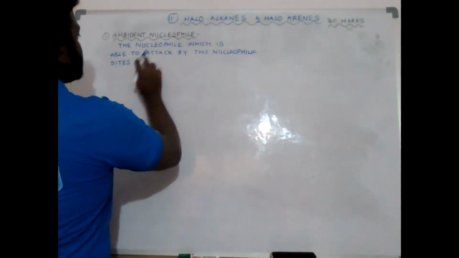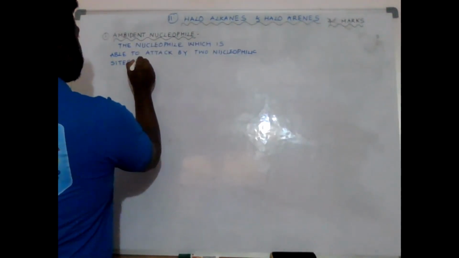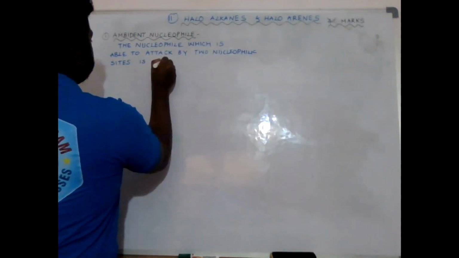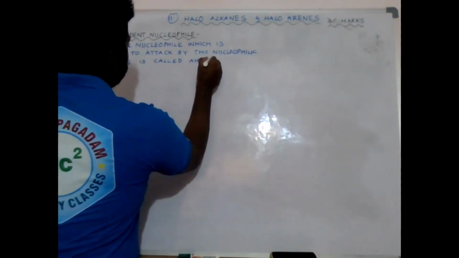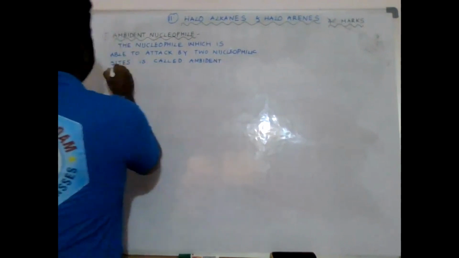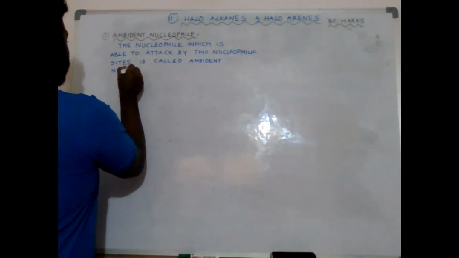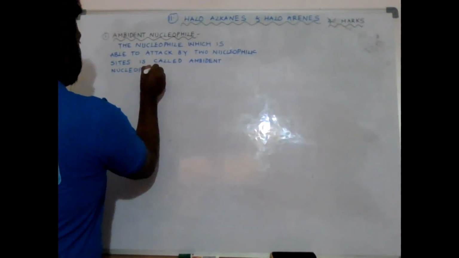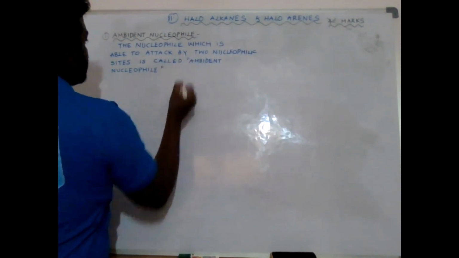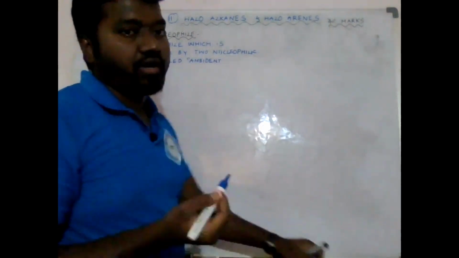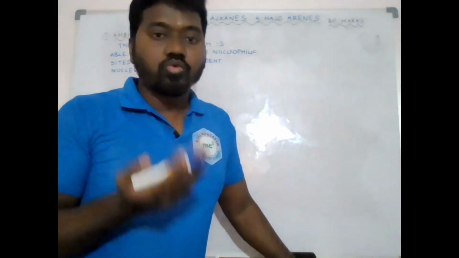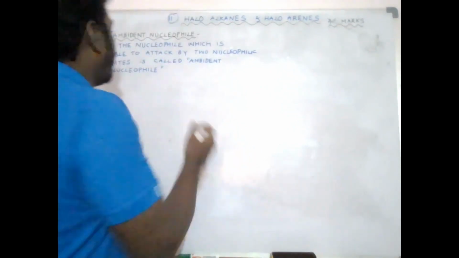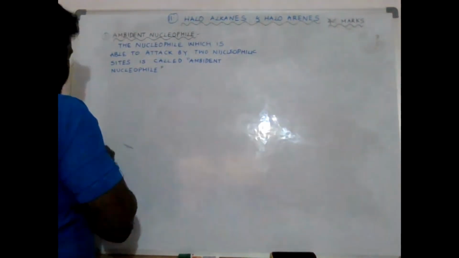The nucleophile which is able to attack by 2 nucleophilic sites is called ambident nucleophile. That's it, very simple. They will ask you to define ambident nucleophile. So the nucleophile which is able to attack by 2 or more nucleophilic sites is called ambident nucleophile. Very simple. You may write the example simply.